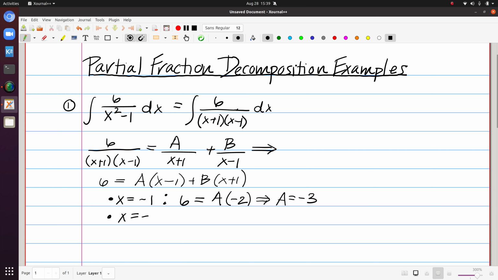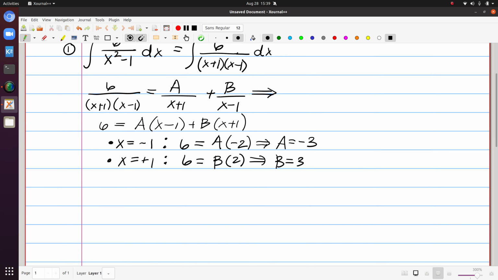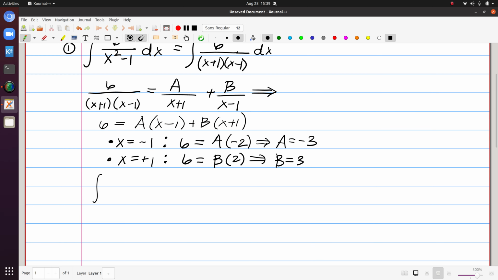Likewise, I plug in the root plus 1. It has no effect on the left-hand side. I take A times 0, and I'm left with B times positive 2. So B is equal to positive 3. So what that means is the integral of 6 over x squared minus 1 is now equal to 3 times the integral of 1 over x minus 1 minus 3 times the integral of 1 over x plus 1.